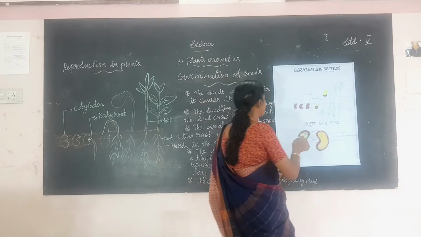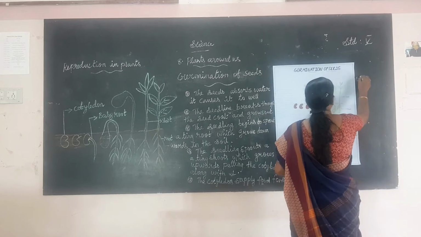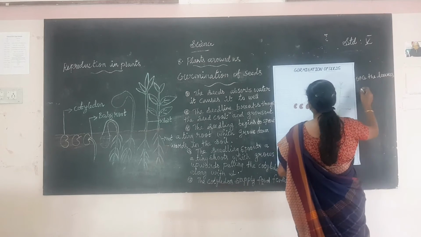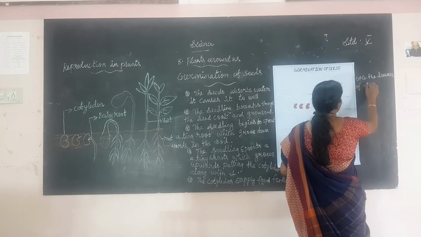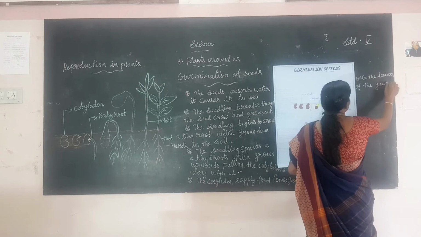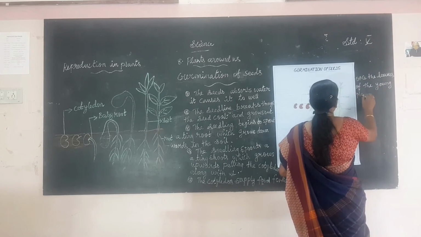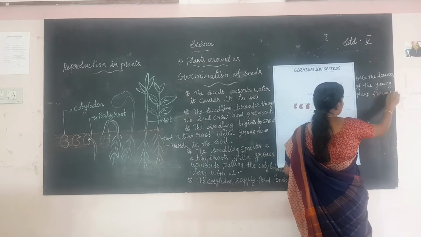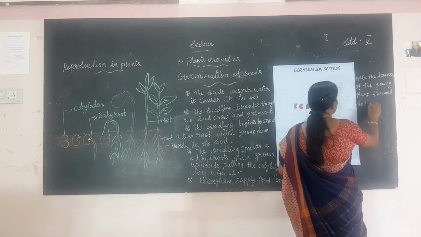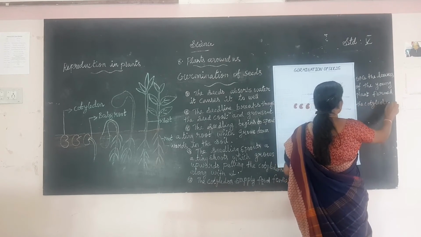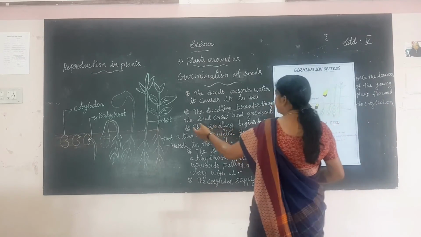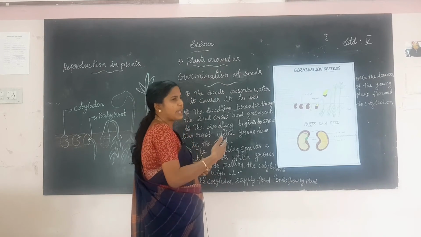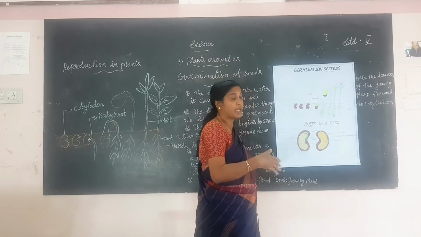Once the leaves of the young plant are formed, the cotyledons shrink further and disappear completely.